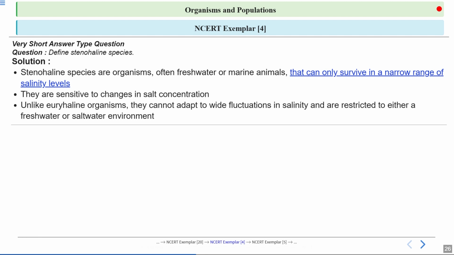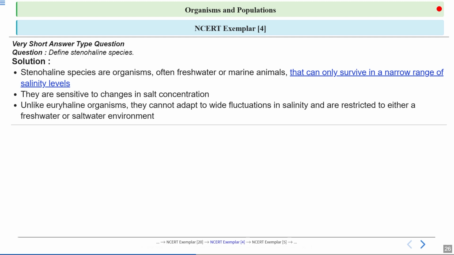Let's talk about the euryhaline organisms. These organisms can handle a wide range of salinity. Unlike euryhaline organisms, stenohaline species cannot adapt to wide fluctuations in salinity and are restricted to either a freshwater or saltwater environment.